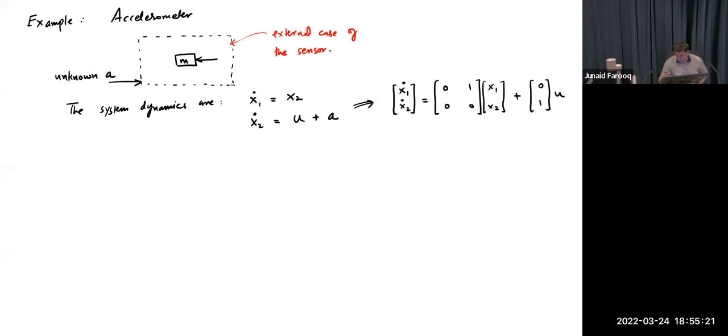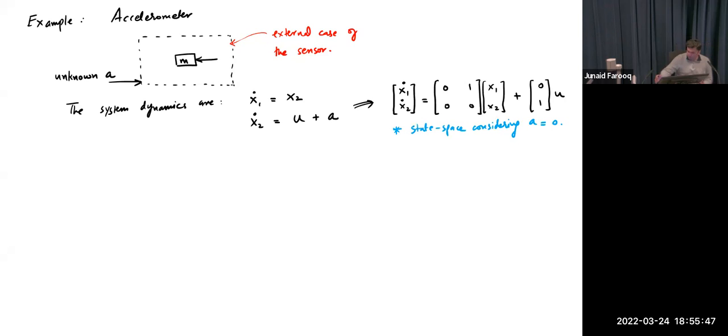This is the state space considering a equals 0, ignoring a, which is an external input. The state space representation is provided here.